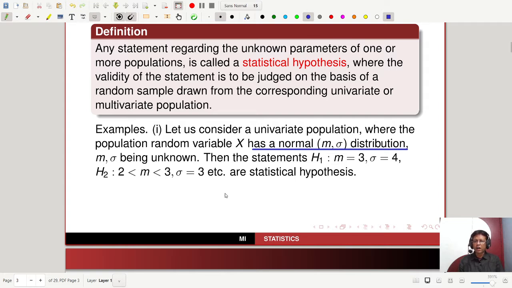So here, you have to write the statement in the form of H1, H2, H0, such that maybe m is specified, sigma is specified, maybe m is not specified, sigma is not specified. So these are examples of statistical hypothesis. Okay? So that is the definition and some examples.